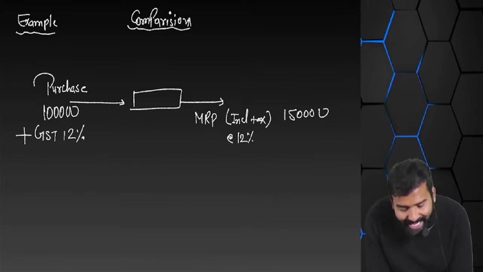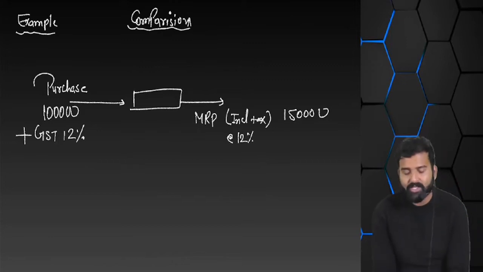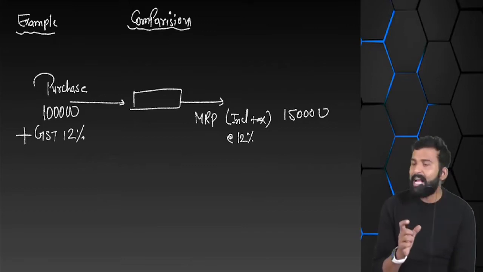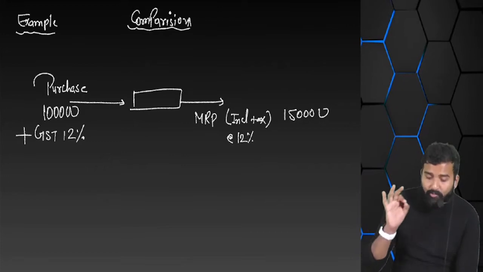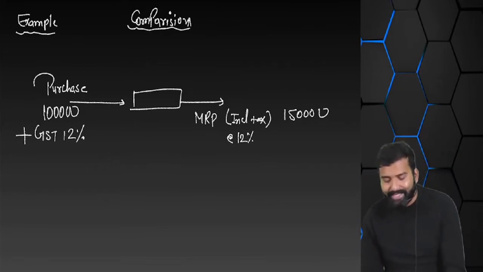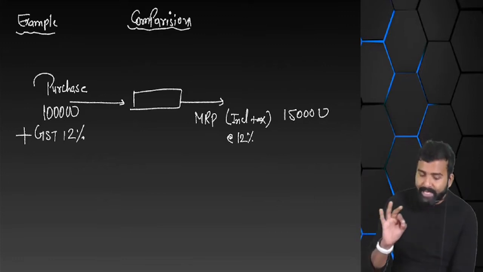Now he's selling that goods for an MRP of rupees 1.50 lakh, including GST of 12%. Means his MRP is 150 and the rate of tax is 12% on sales also. First of all, in this example, we will assume that he is selling it to the consumer. So whether he is under composition scheme or a regular taxpayer, he will not change his MRP.